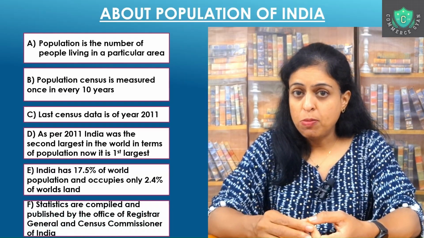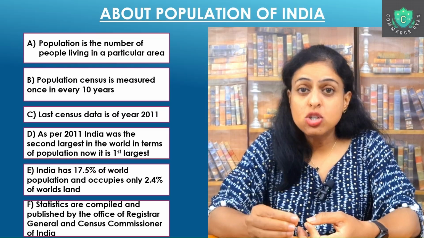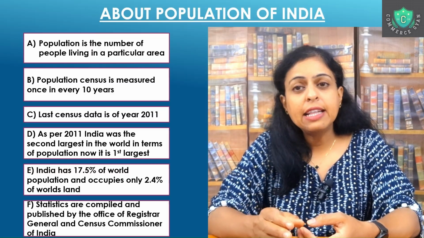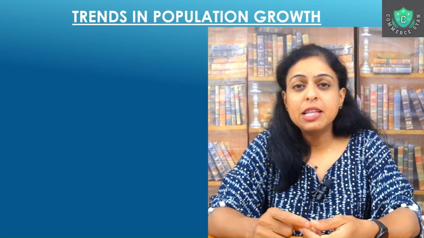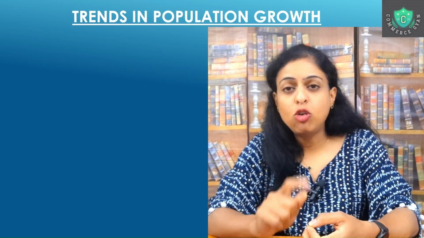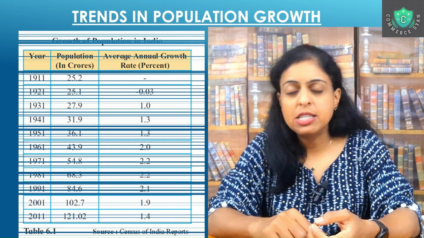So land-wise we are just 2.4%, but population-wise we have 17.4% of the world's population. The statistics connected to population are published by the Registrar General and the Census Commissioner of India.